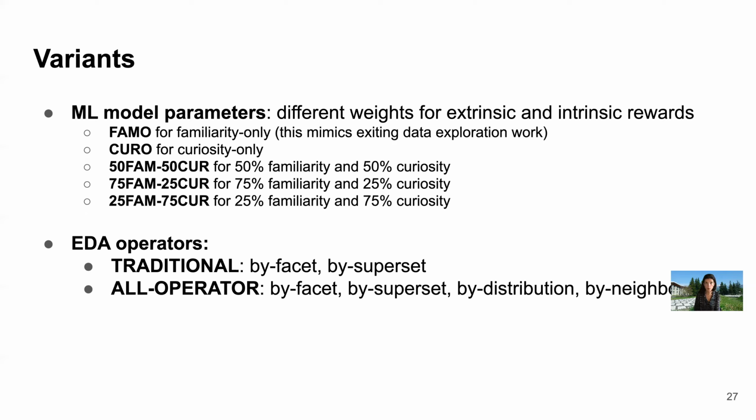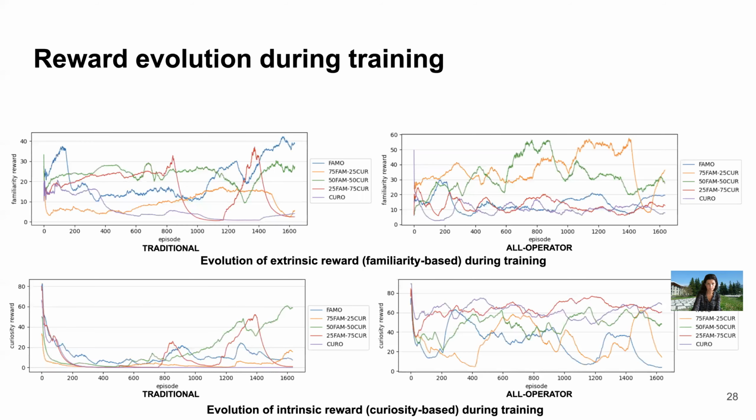And I'll have 2 modes, one traditional mode, which is the most common mode that's been used, which is the one that enables just the ability to drill down and roll up in the set of all possible sets of galaxies we have, and the all operator mode that has the 4 operators that we defined. Okay, so just a few plots here.